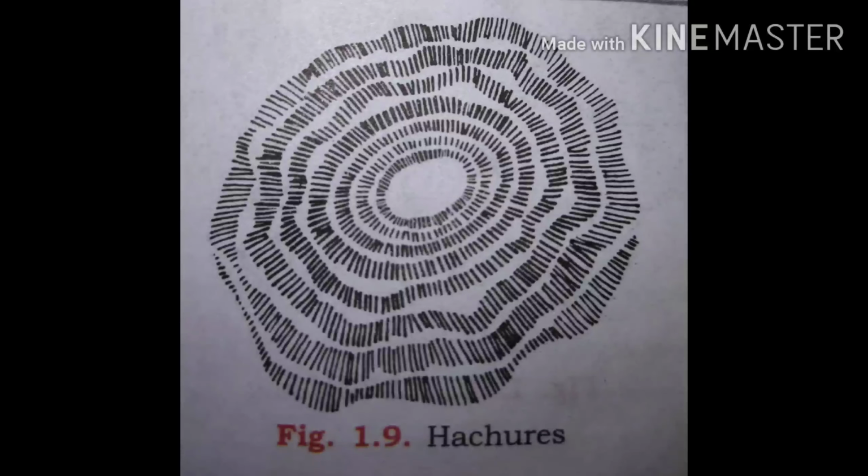As you can see, a hill is shown with the help of hatch lines in the diagram. The slope at the top of the hill is very steep, and it is shown with smaller hatch lines, whereas the slope at the base of the hill is a bit gentle, therefore it is shown with very long hatch lines.